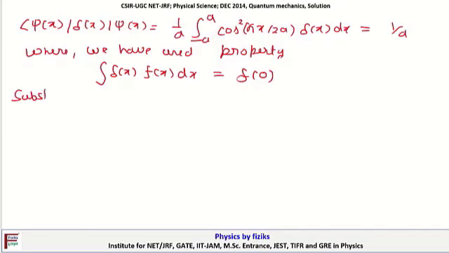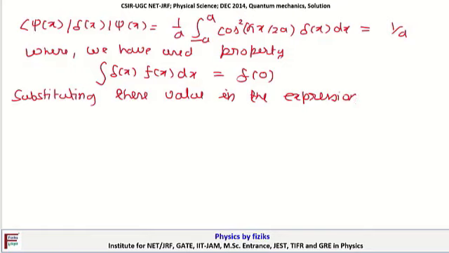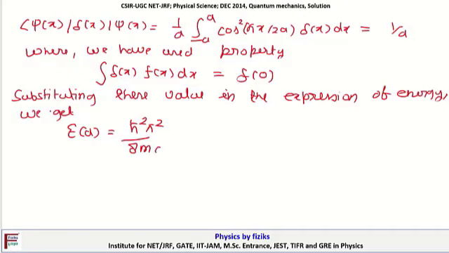Substituting these values in the expression of energy, we get E of A equals h cross square pi square by 8m a square minus b by a.